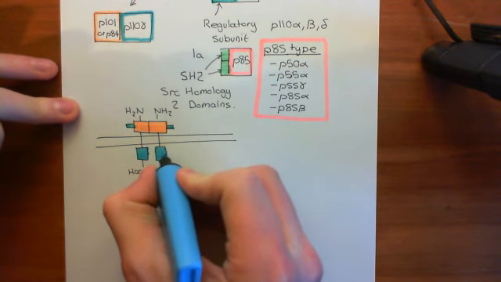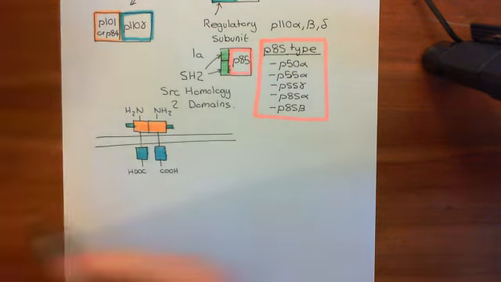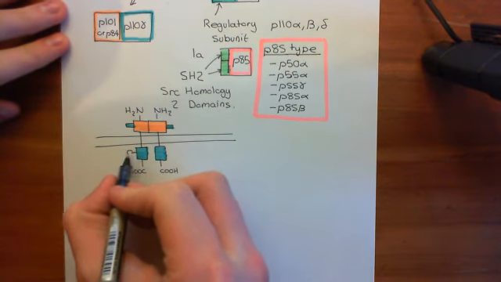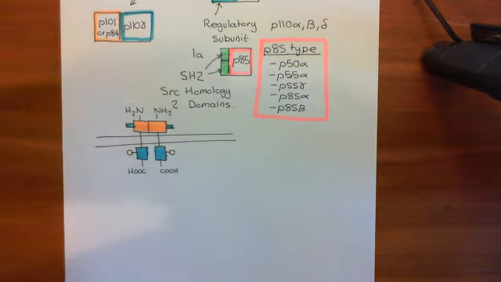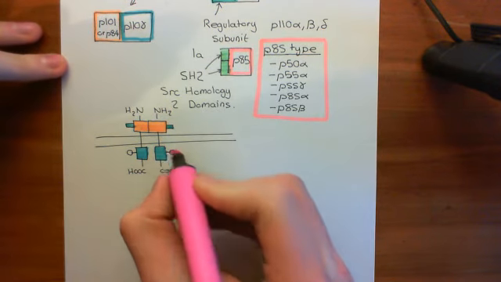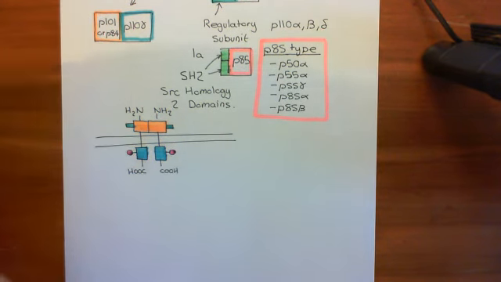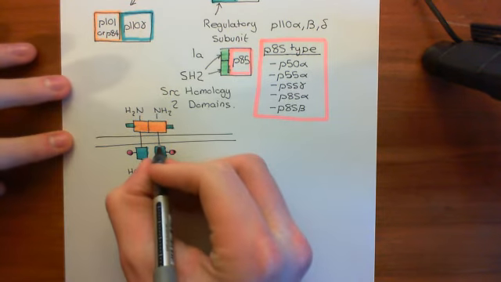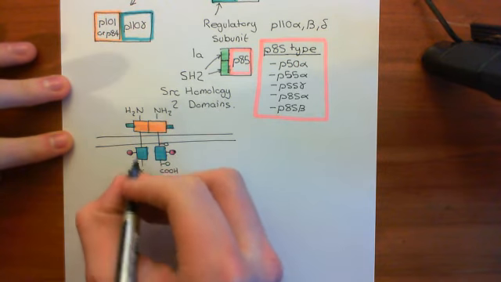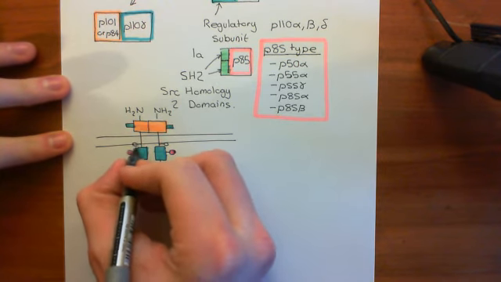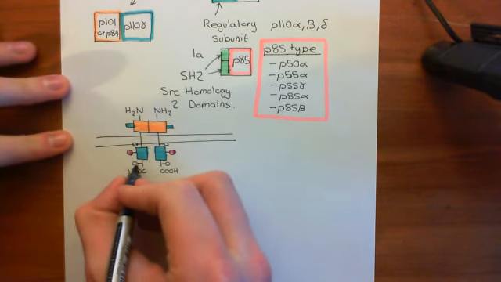Okay, and of course what's then happened is we've had trans-autophosphorylation, where the tyrosine kinase domain of one has phosphorylated tyrosine residues on the other, and the other has reciprocated. This has then activated those tyrosine kinase domains, and they've then phosphorylated tyrosine residues in the cytoplasmic domain of the opposite tyrosine kinase receptor.